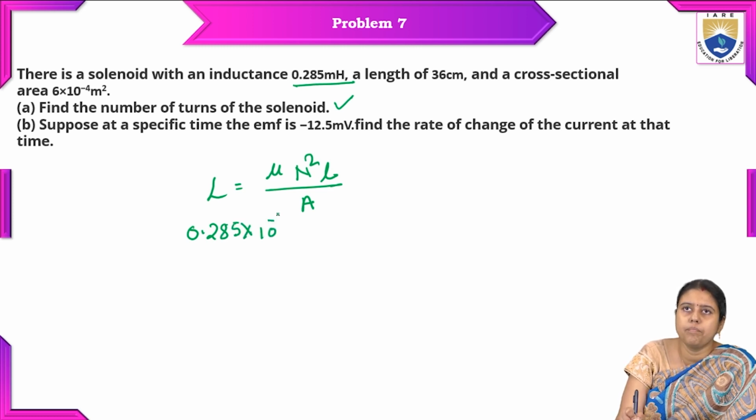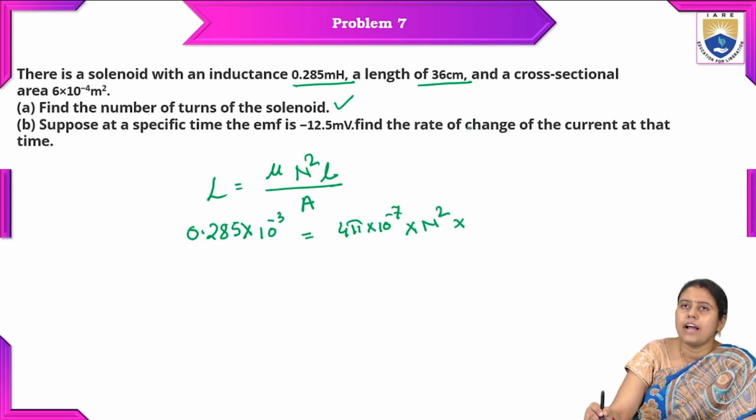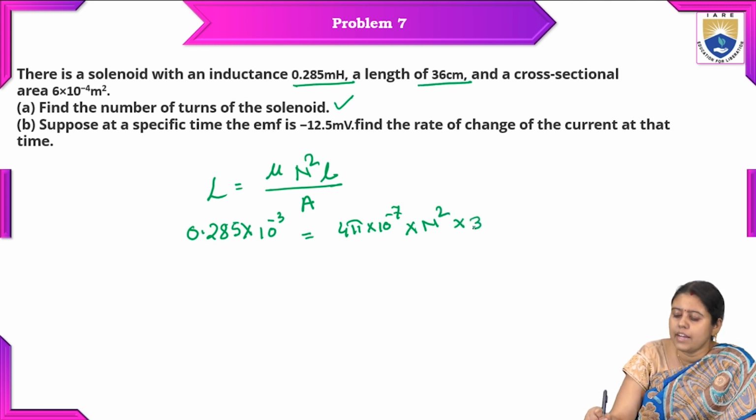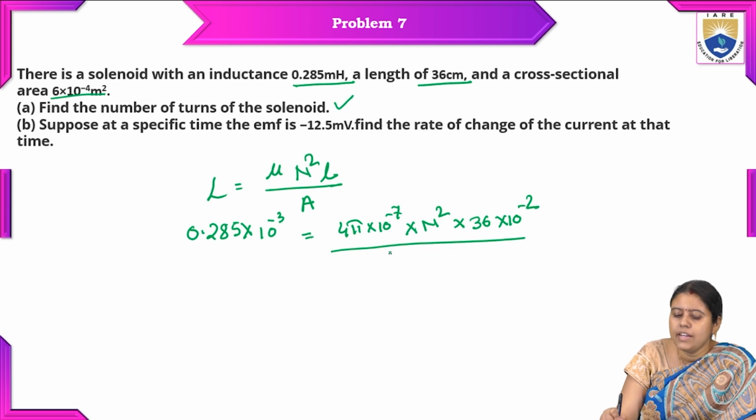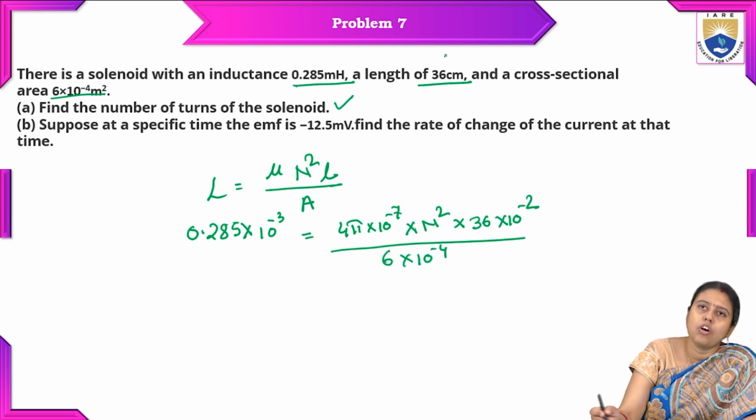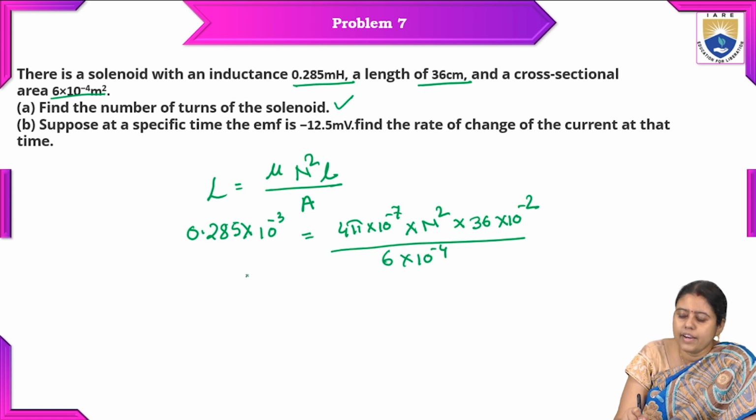Milli means 10 to the power minus 3. Mu value, we know, is 4 pi into 10 to the power minus 7. The length is given as 36 centimeter, means 36 into 10 to the power minus 2. And cross-sectional area is given as 6 into 10 to the power minus 4. So if we solve this equation, we can get the value of N square.